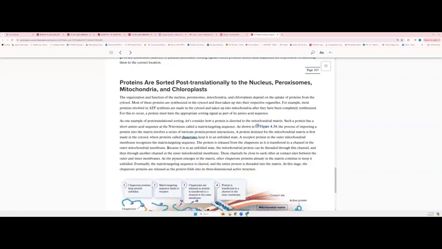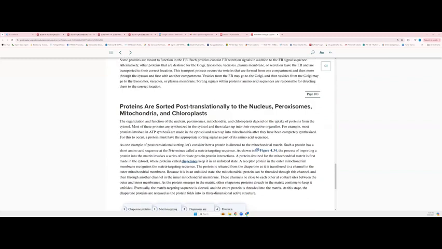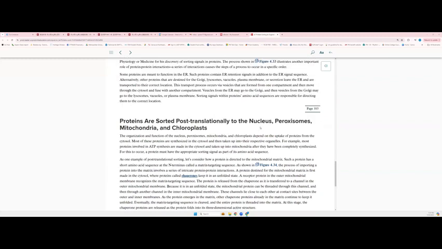Okay, now we're going to talk about post-translational transport to the nucleus, peroxisome, mitochondria, and other organelles. Most of these proteins are synthesized in the cytosol and then taken up into their respective organelle.